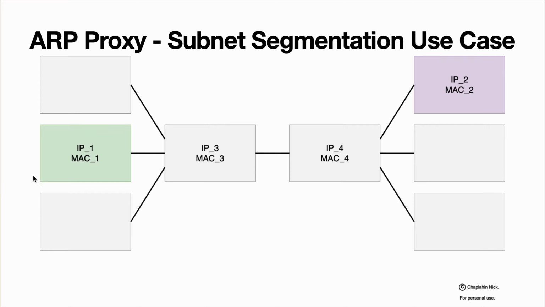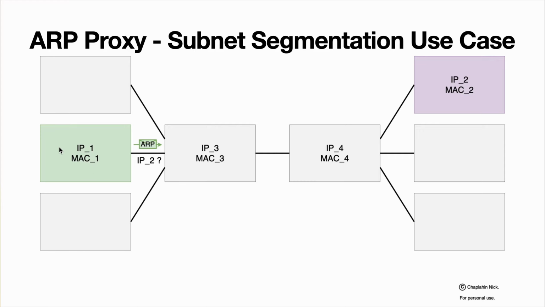For example, we have multiple devices in the same subnet, but for some reason they are segmented due to physical specifics of the network, too many devices, whatever. For any reason, they are segmented. They do not have direct access to each other. Then the devices with IP3 MAC3 and IP4 MAC4 could be announced as ARP proxy if those devices can operate as ARP proxy.